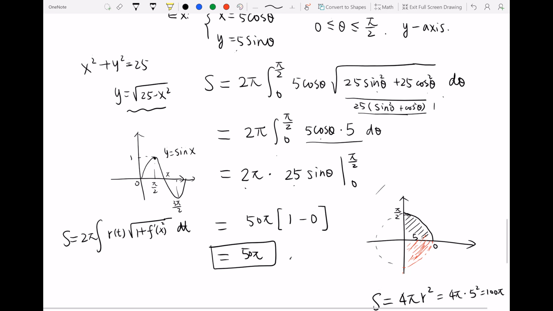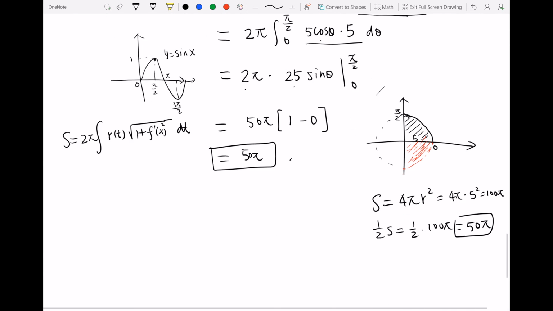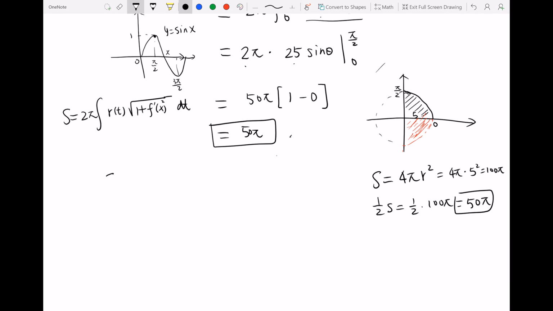I'm going to write several things, since some students are still not very familiar with that. Can anyone tell me what is the graph of this one? Ellipse, very good.